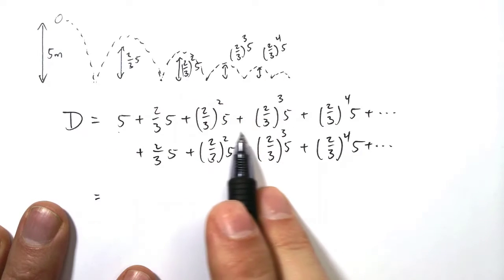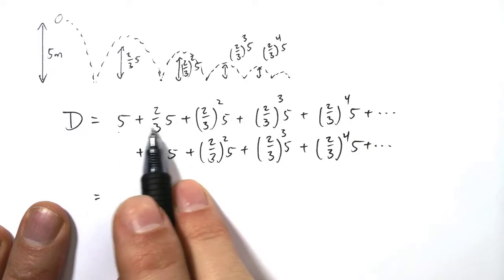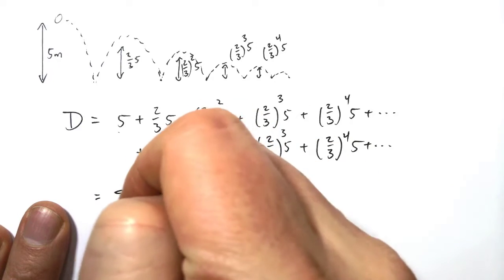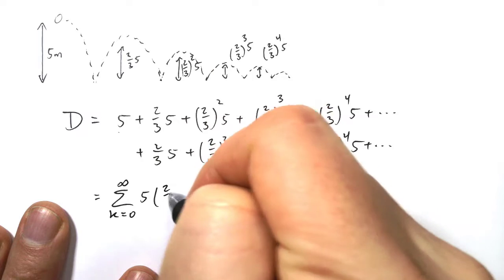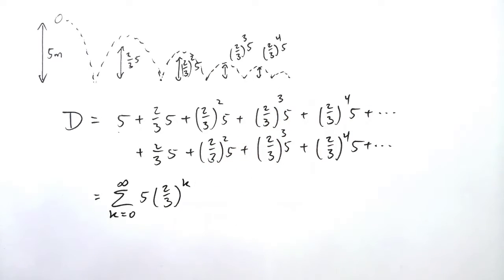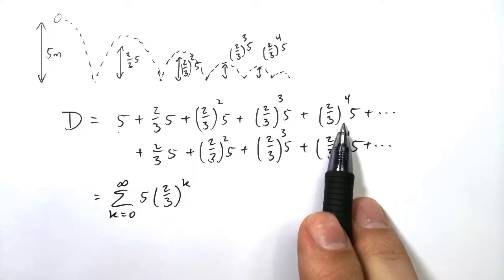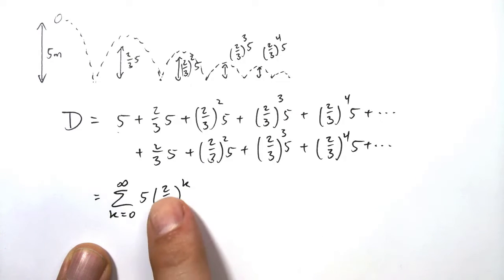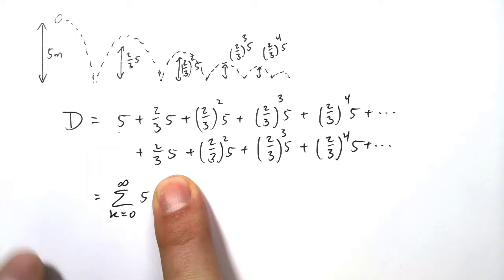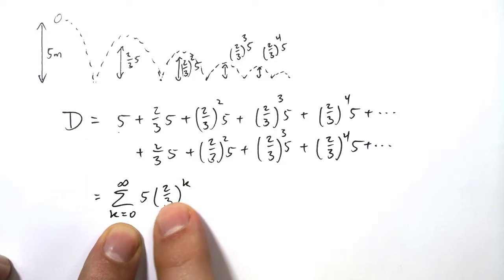This first series, if you look at it, you should see that you can express it in the following way. All right, this is the top series. Notice that when k is 0, we have 2/3 to the 0 power. That's 1. That's 5. That's our first term. When k is 1, we have 5 times 2/3.